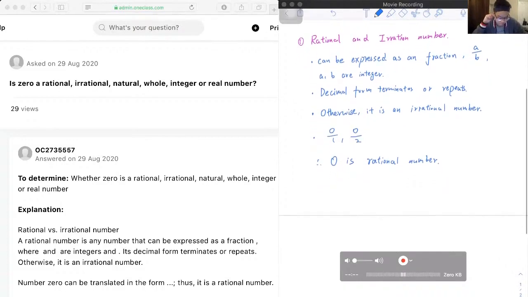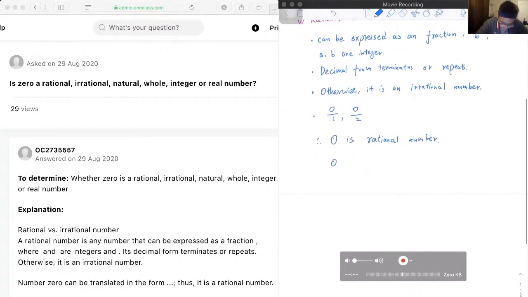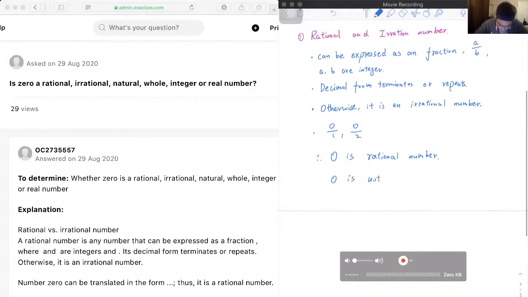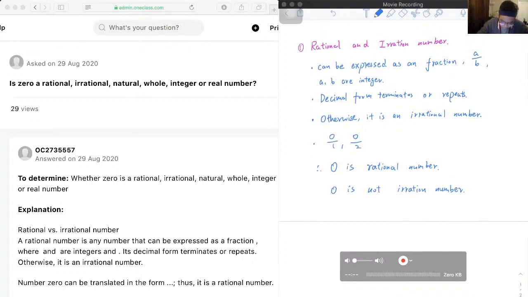So we conclude that 0 is a rational number, and 0 is not an irrational number. That's the first part of the question.